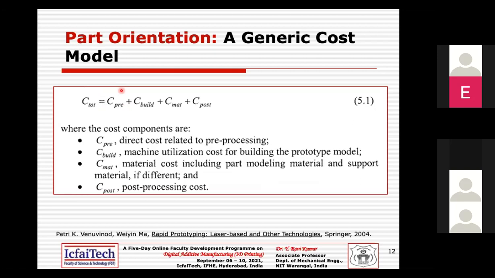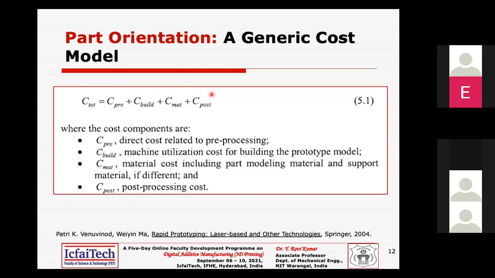So you may be spending money on that, maybe hiring an application engineer and some packages, so that cost relates to pre-processing. And building cost, that is machine utilization cost. Again, it depends on whether it is a polymer printing machine, a metal printing machine or ceramic, so it will vary from machine to machine. So what is the machine utilization cost, and material cost should be added too, that is both model as well as support material cost. That is the material cost.